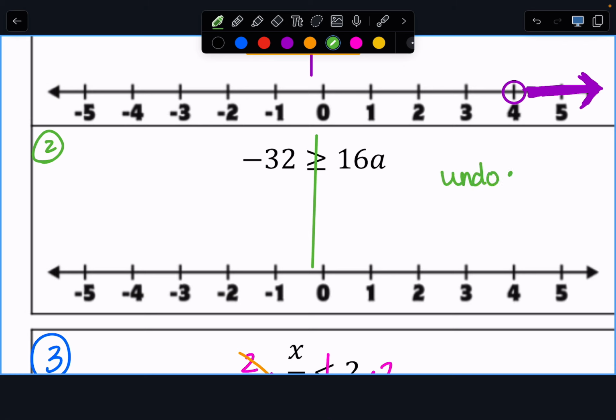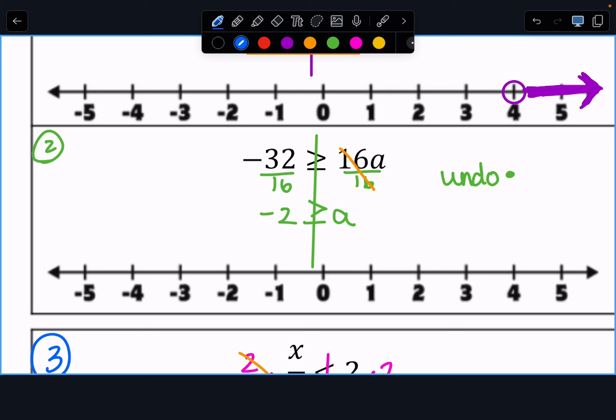We need to undo our multiplication by dividing by 16. So we get a and negative 2, and our sign is still opening towards the constant. But I want your answer to have the variable on the left.